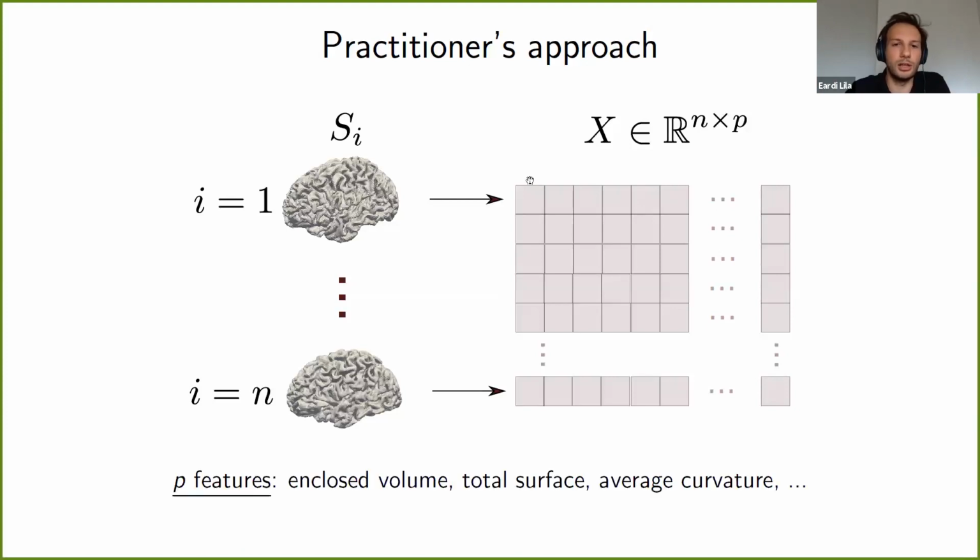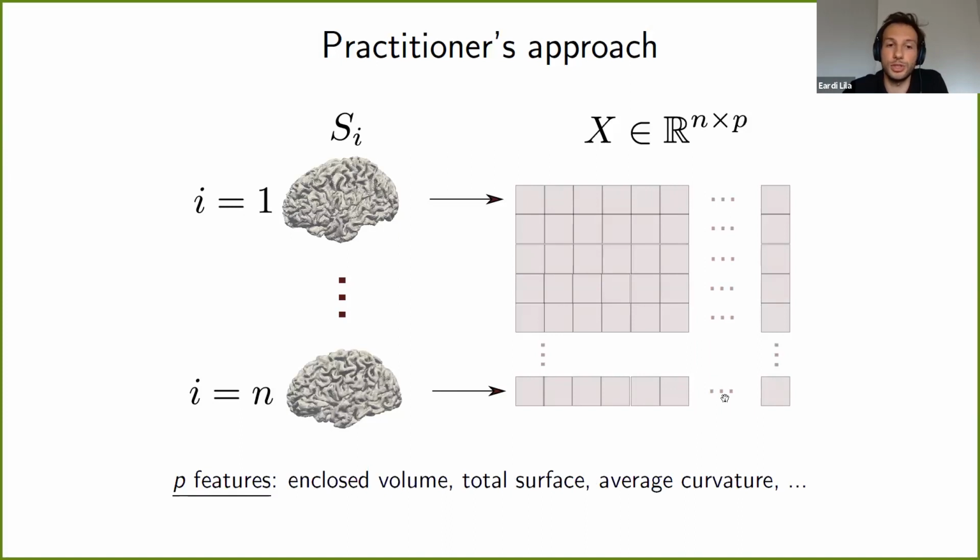So what are typical features that one can extract? Well, enclosed volume, as I mentioned before, total surface, average curvature, and so on. So you can come up with P features, extract the P features from every one of the brains and fill every single row of this data matrix.